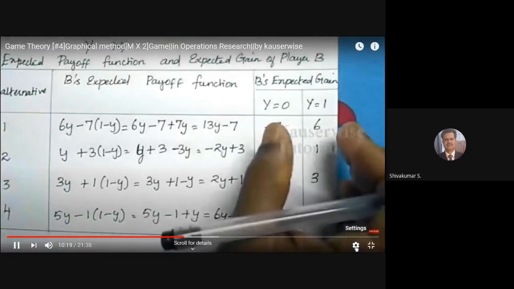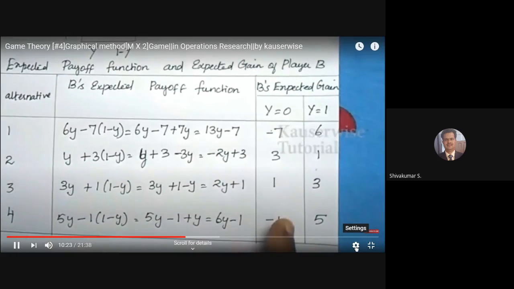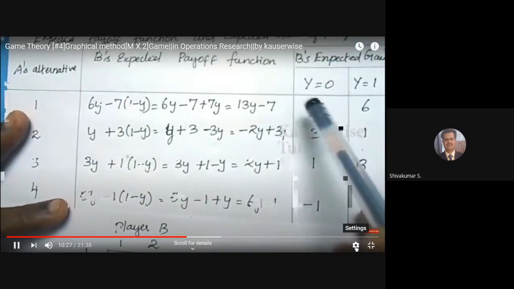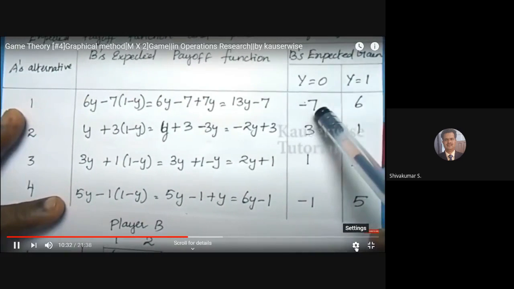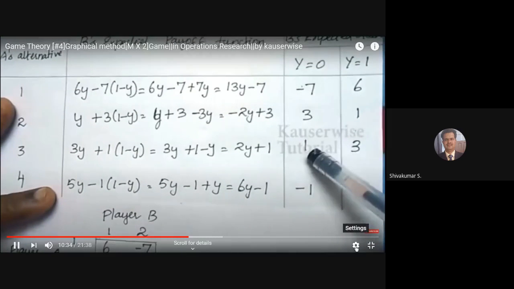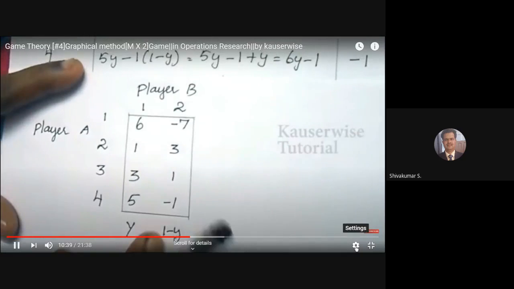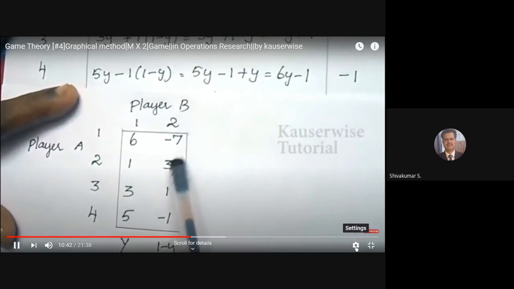Now, in order to check whether the expected gain is right or wrong, just cross-check with the original problem. First, let me show the first one. When Y is equal to 0, B's expected gain is minus 7, 3, 1 and minus 1. Now, look at the problem. See the payoff matrix in the second column: minus 7, 3, 1, minus 1.